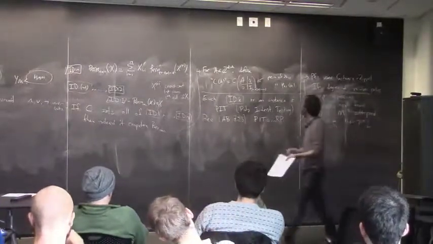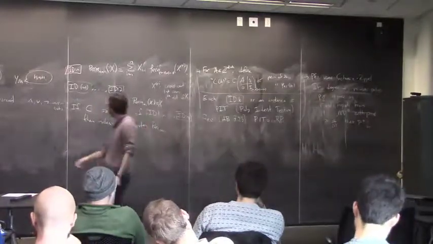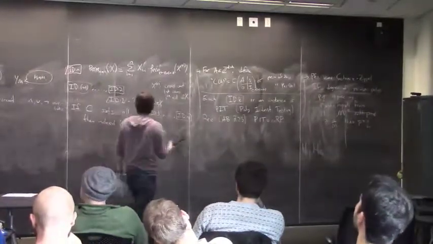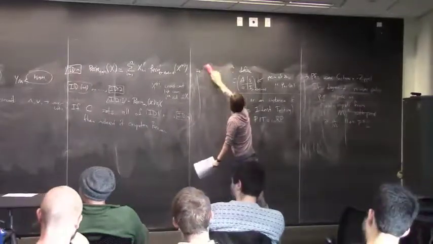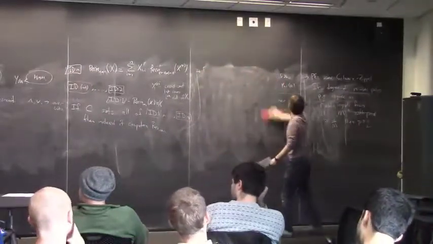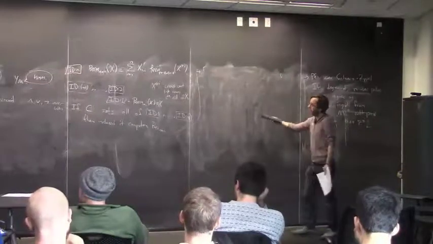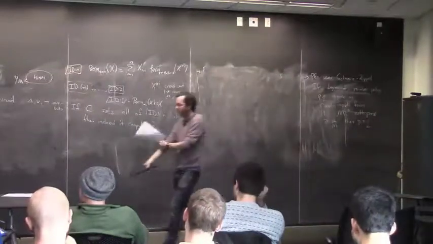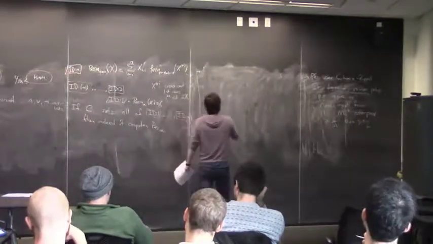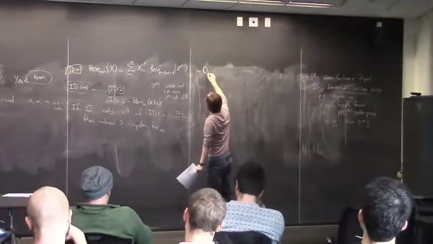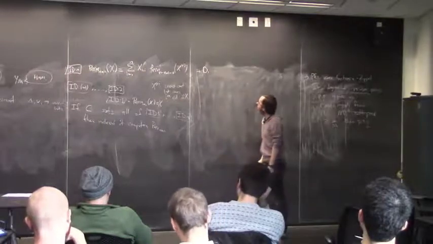So let me make that a bit more precise. Let's say somebody hands you this circuit, and here is a thing you can do, again imagining that you're a polynomial time randomized algorithm.